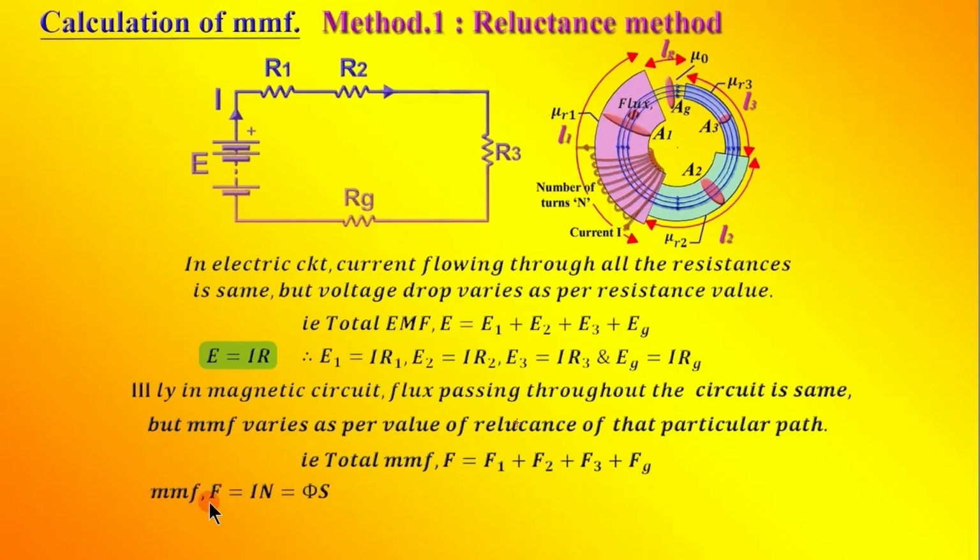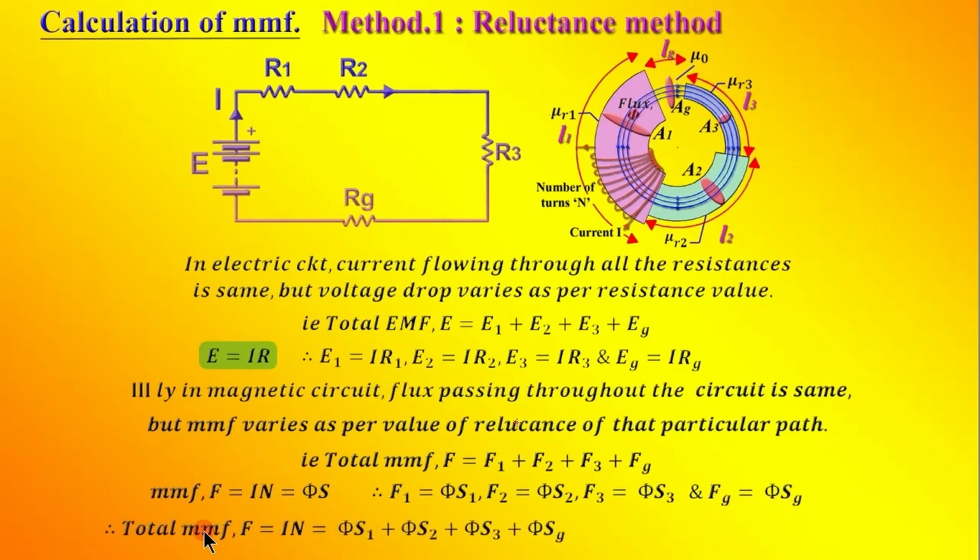We know that MMF F is equal to I into N, that is equal to phi into S. Therefore, F1, the MMF of this portion, is phi into S1, the reluctance of this path, and the MMF of the second portion F2 is equal to phi into S2, F3 is equal to phi into S3, and Fg is equal to phi into Sg.